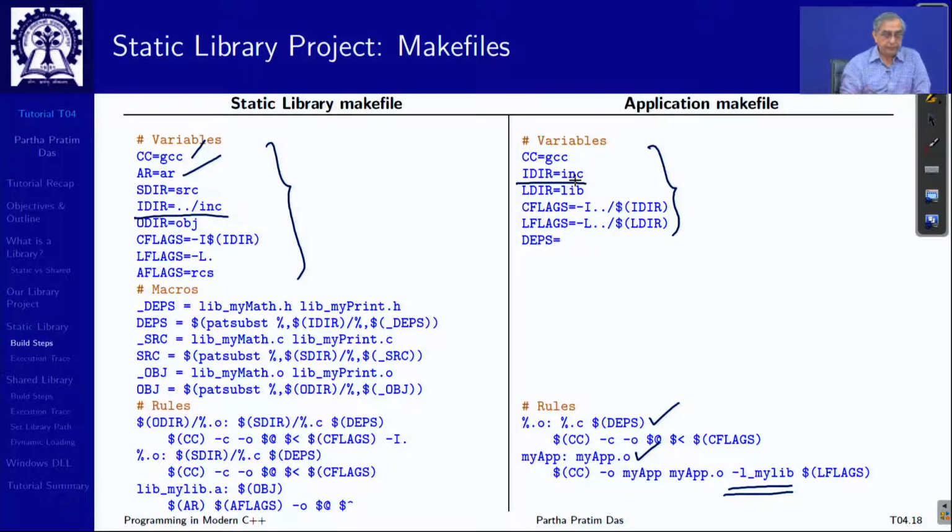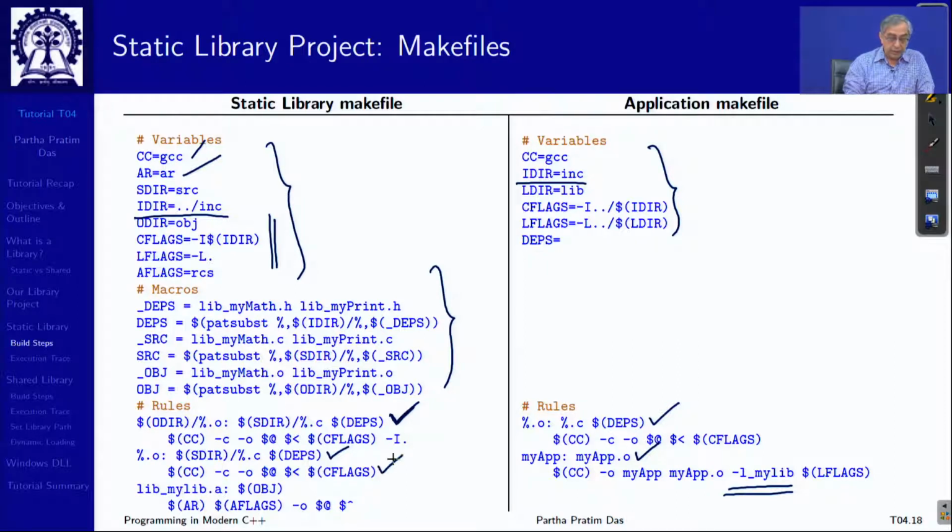Right. So, other flags and folders, these are dependency macros which expand the things which we have seen already. This is the rule to build .o files, you have seen that, and this is the way to build your final output.